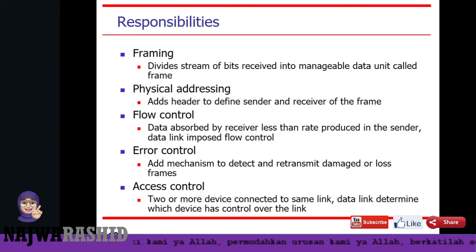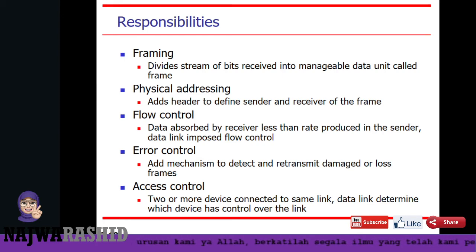And then it is also responsible for flow control. So if the data absorbed by the receiver is less than the rate produced by the sender, the data link imposes flow control on the sending process, as well as error control. Later on, we will learn about error detection and correction. So those are the responsibilities of this layer.